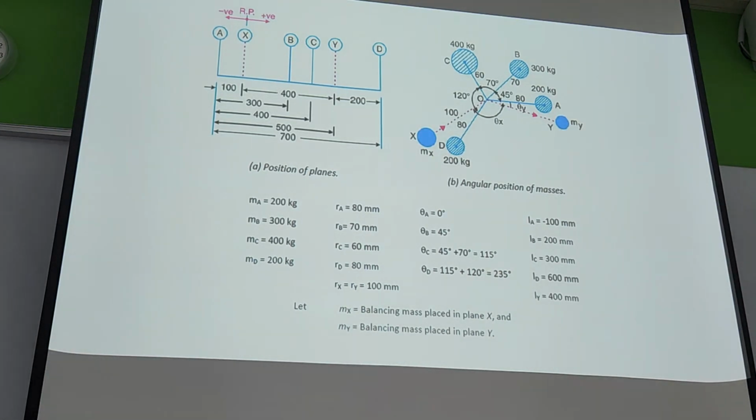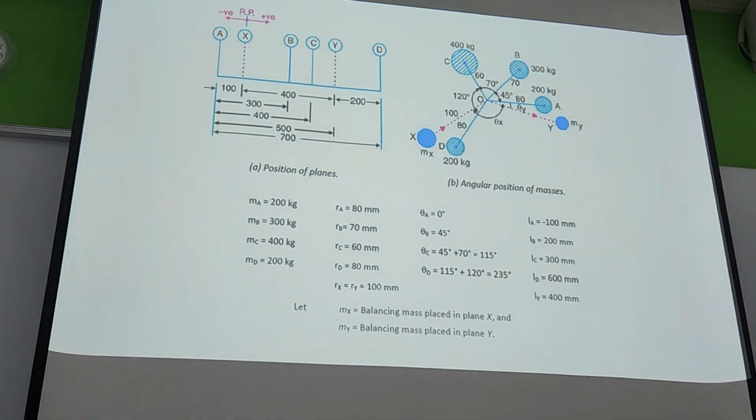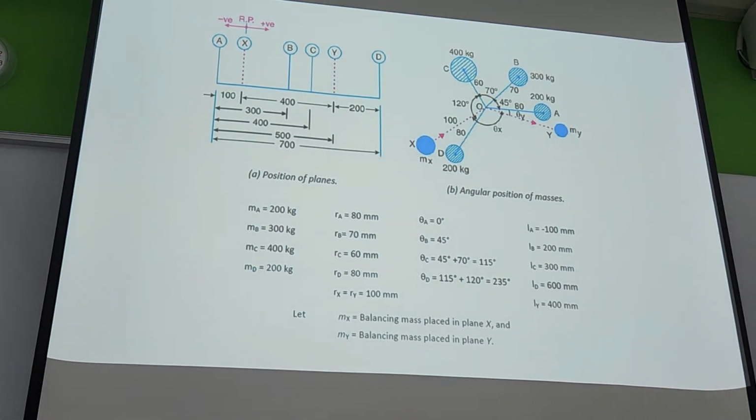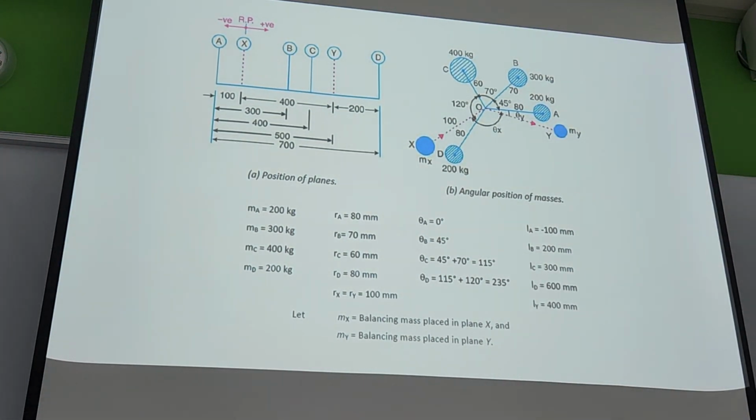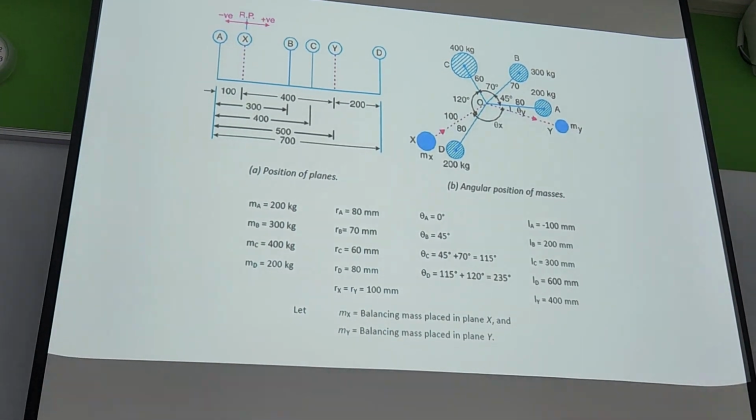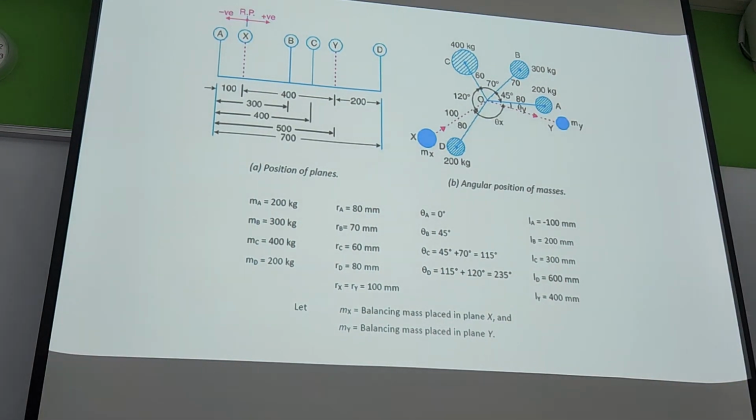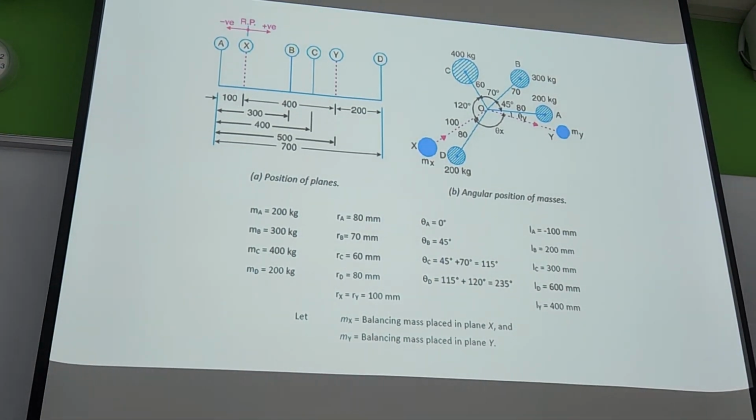Okay, now the distance from the correction plane X to A is given as 100. Okay, then the distance from correction plane Y to D is given 200. Okay, all the distances are given here. So from plane A to B is given 300, then plane A to C is given.